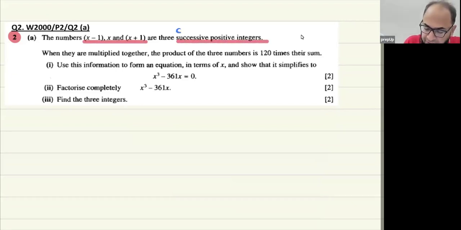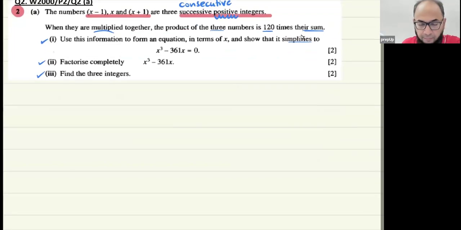Successive, they can also use the word consecutive, and it says positive integers, that means discard any negative value. When they are multiplied together, the product of the three numbers is 120 times their sum. Part 1, use this information to form an equation and show that it simplifies to this. Factorize, find the three integers.